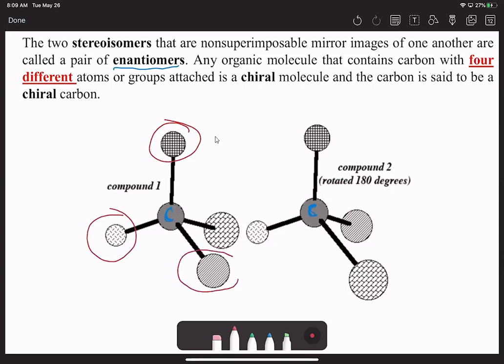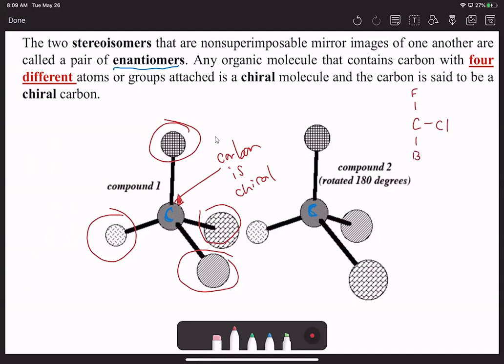If we're just looking at this pattern that's on each one of these, you notice that they're all different, which means that this carbon is chiral.